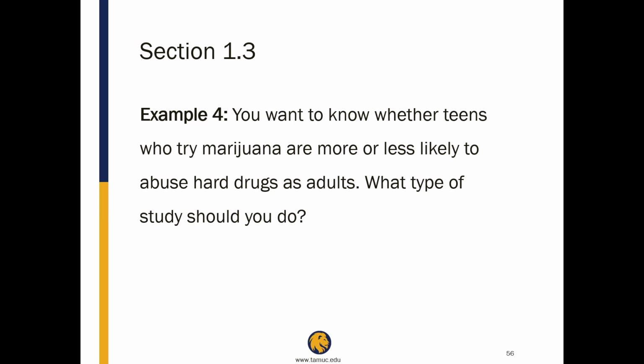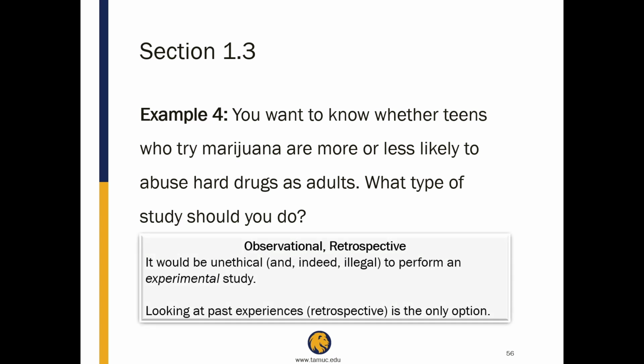Of course, there are the experimental studies, but an experimental study involves using a control group and a treatment group. And the treatment group would have to be actually given the thing that's being studied, which in this case would be the marijuana. So would that really be an ethical thing to do? Not so much.